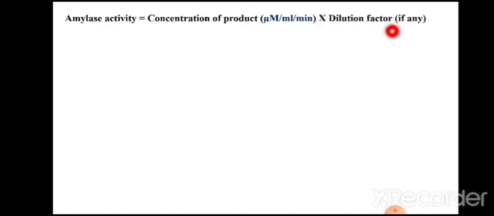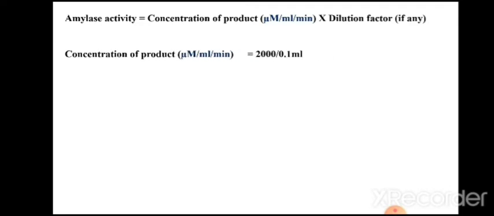And if the original preparation is diluted, then there will be multiplication by dilution factor. That means if the crude sample of amylase is diluted 10 times, 20 times, 30 times, then there will be a multiplication factor of 10, 20 or 30 likewise. So now we'll find out the amylase activity.